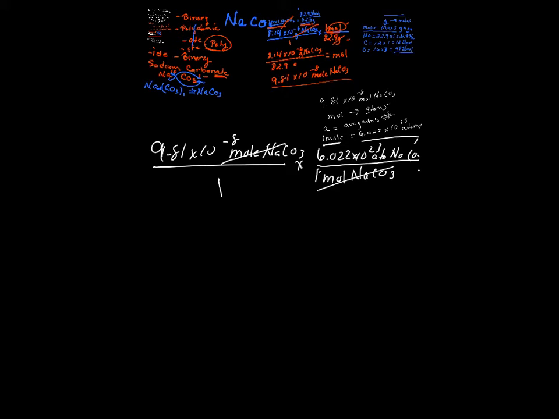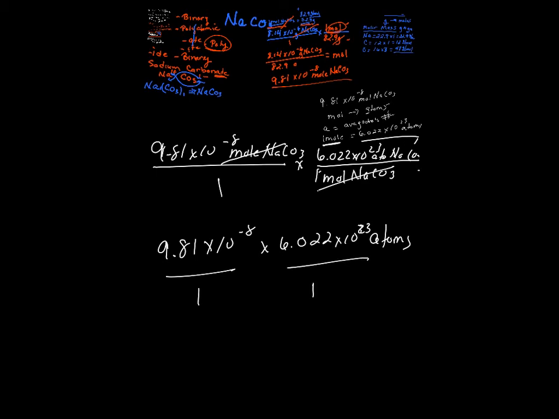We have 9.81 times 10 to the -8, and we're going to multiply that, it no longer has units, by 6.022 times 10 to the 23rd. This guy still has units, and that's atoms. And then we're going to multiply 1 times 1.